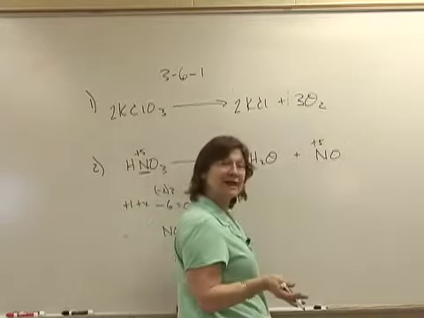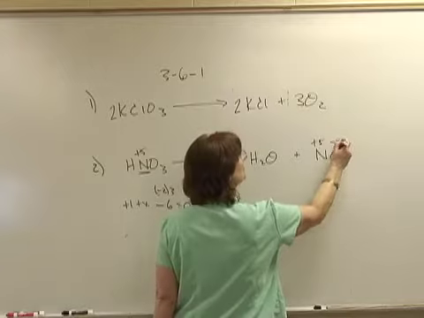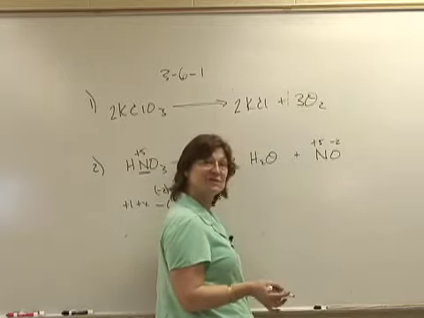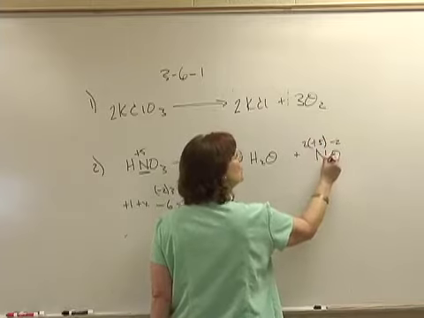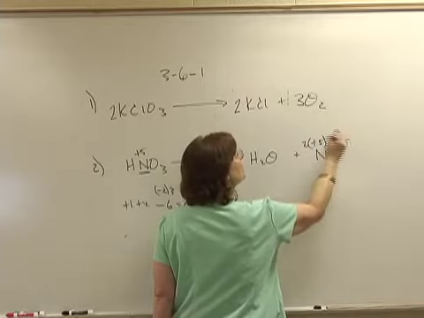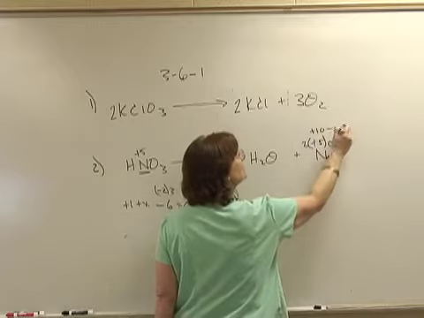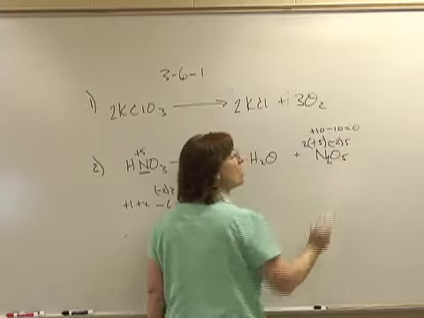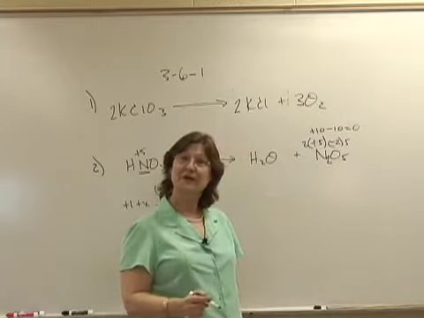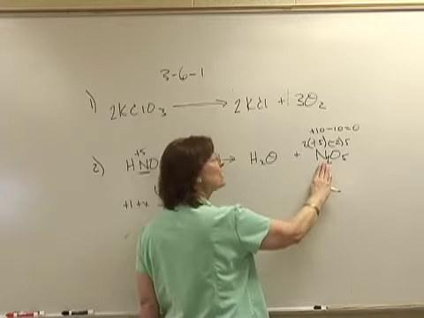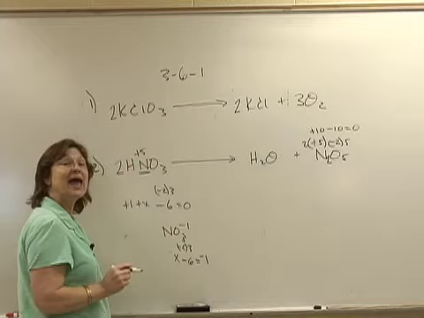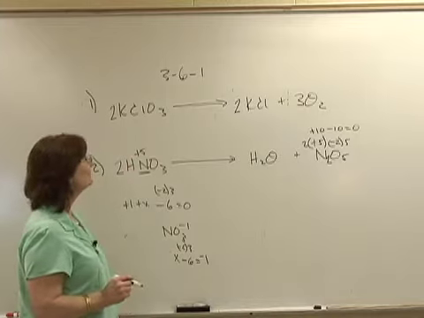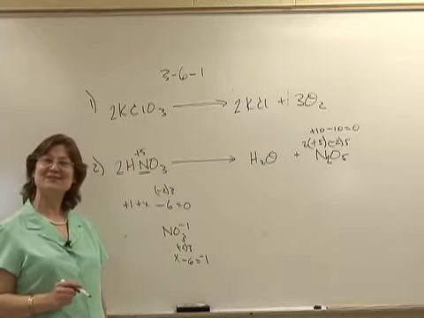And oxygen in the negative position will be -2. The common multiple between 5 and 2 is 10, and therefore I must multiply the 5 by 2 and the 2 by 5 to get +10 and -10, because compounds are always equal to 0. And now that I have 2 nitrogens here, I must put a 2 coefficient here, and then it's balanced. And that's how you do number 1 and 2.